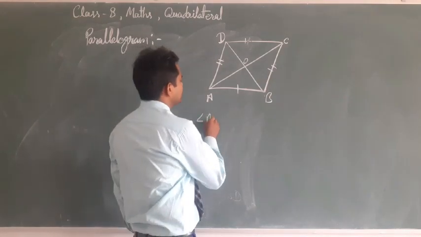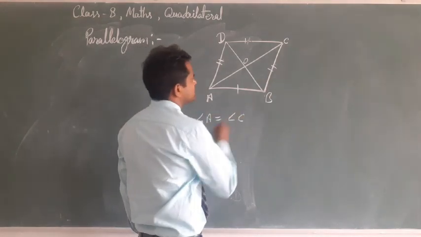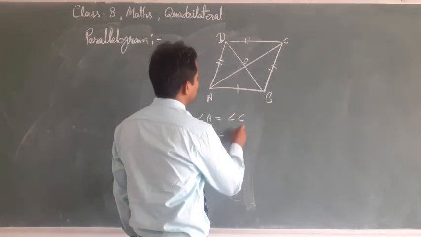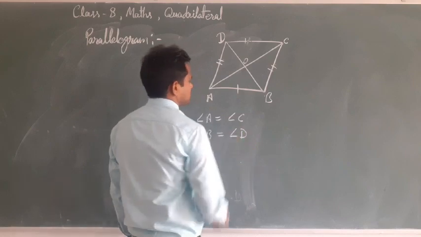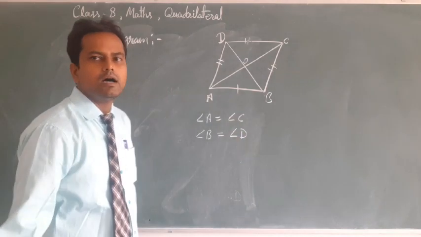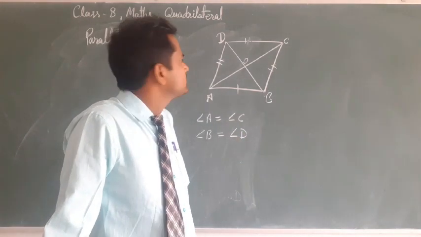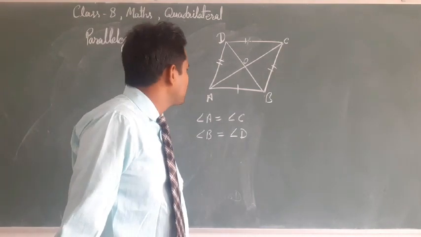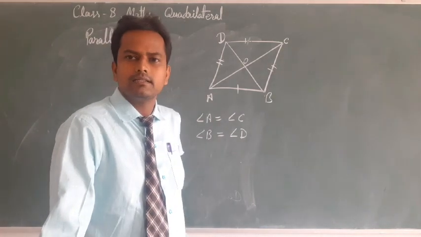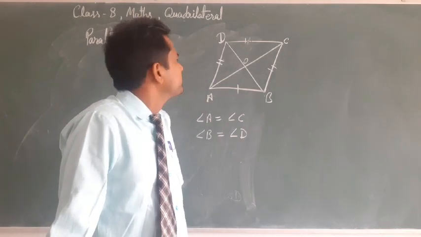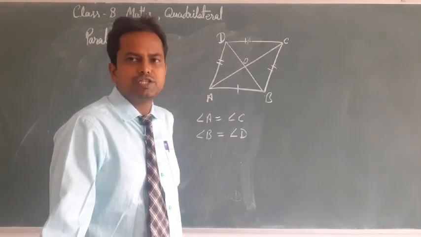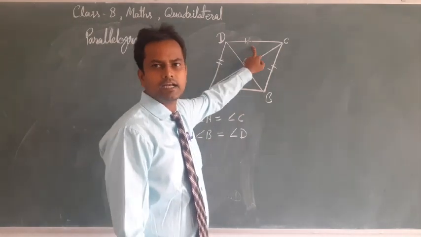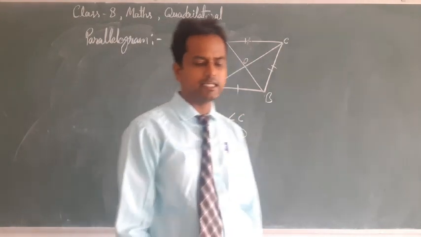It means angle A is equal to angle C and angle B is equal to angle D. So always remember, opposite angles in a parallelogram are equal, diagonals of a parallelogram bisect each other, and opposite sides are equal and parallel to each other.